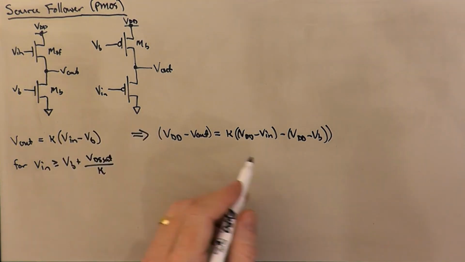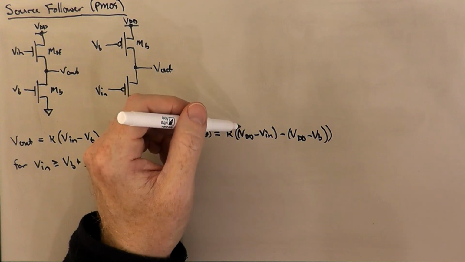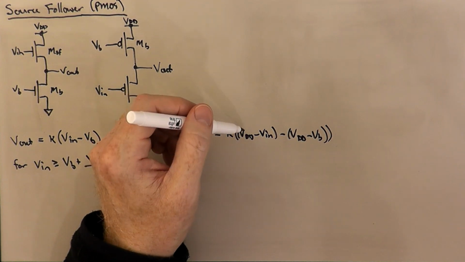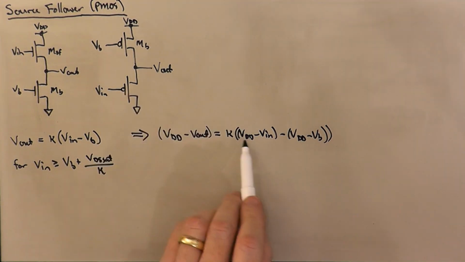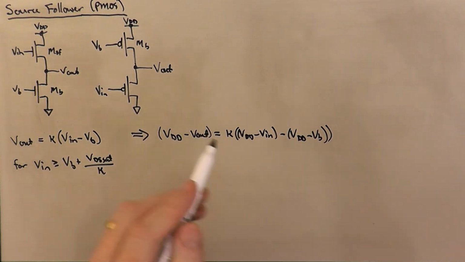And so we can do some simplification here. We have VDD minus VDD, those cancel, and we could factor out a minus sign.